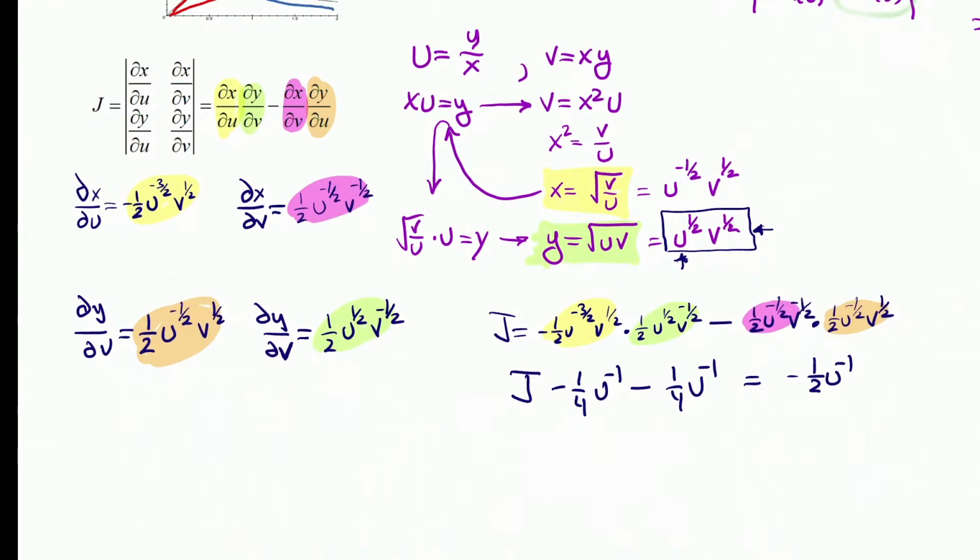I got the same thing. I should just not look at that. That's fine. In my notes from earlier, I have my u and my v switched, and so it changes my answer to 1/2 v to the -1. I was like, what? But no, this is correct. Okay, so far so good.